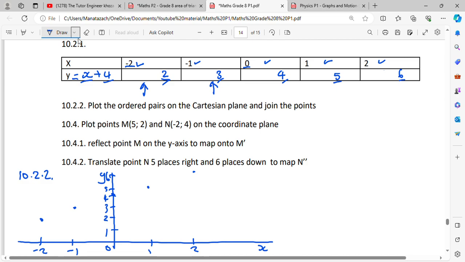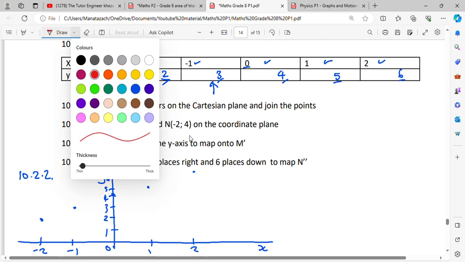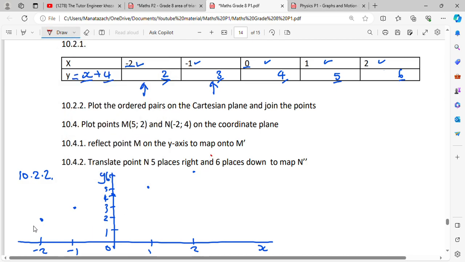Okay, let's draw a graph by joining all the points together. Okay, this is how our graph is going to look like.